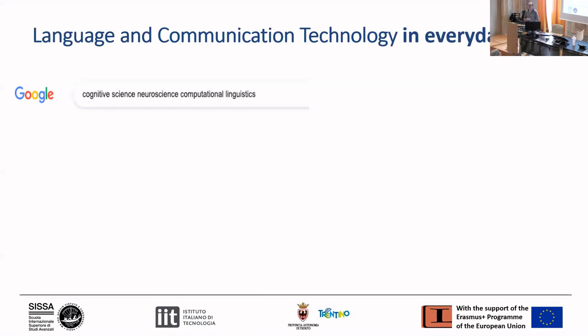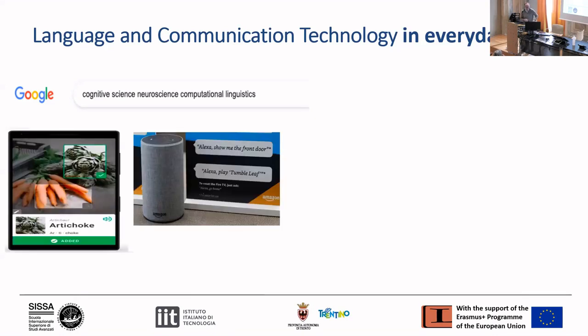I mentioned that there is an applied side to studying language recognition, and that's under everybody's eyes. We know that web searches are based on some degree of understanding. When you search something on Google, it sometimes returns things that go beyond the words you utter, because it tries to know what's behind your request.